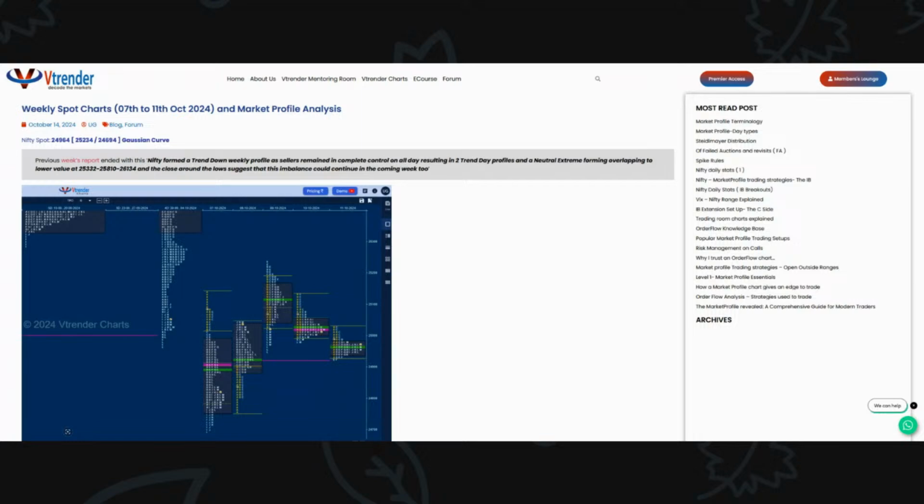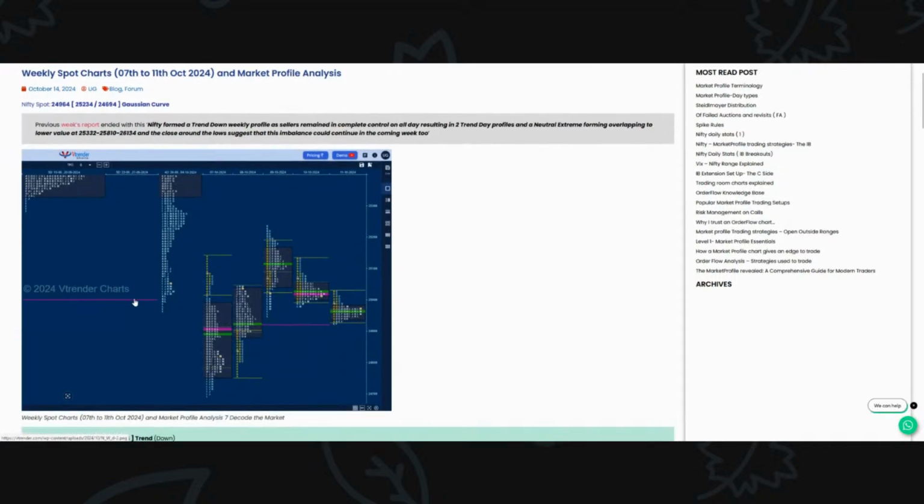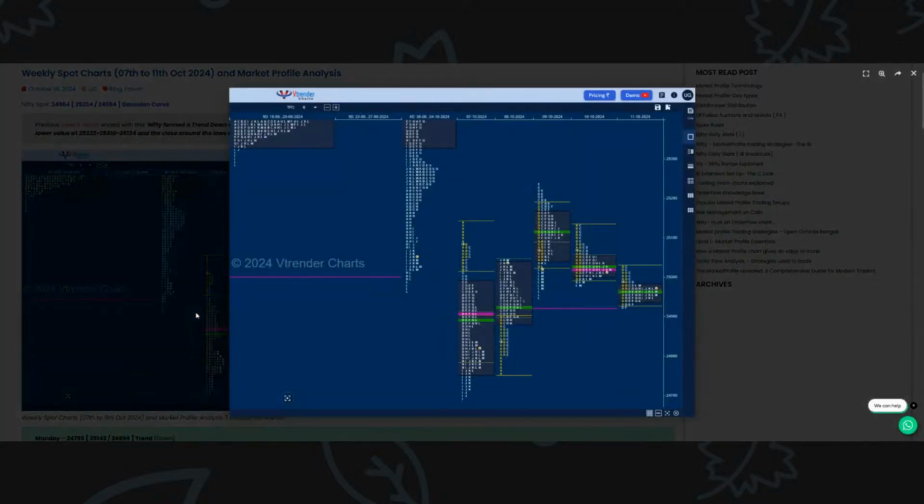So coming to the weekly report, we have the unmerged profile, just like what we generally do of last week's Nifty week individual days. So the Monday was a trend day down. We continued the imbalance which was started the previous week. In fact, the first sign of high being made was on 27th, and after which 30th was a drive down.